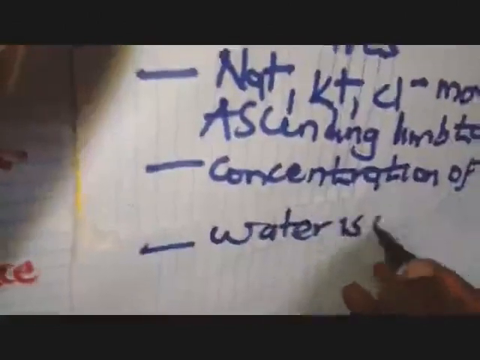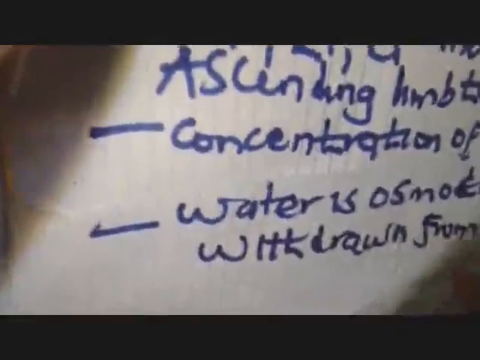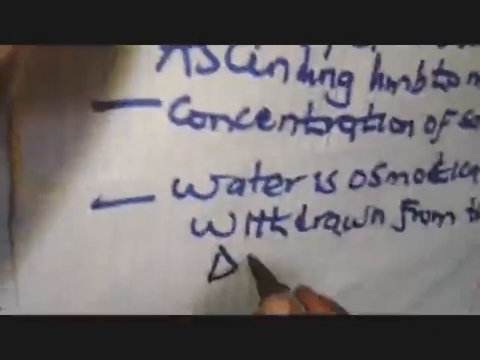When the concentration of the salts increases, water is osmotically withdrawn from the descending limb of Henry.